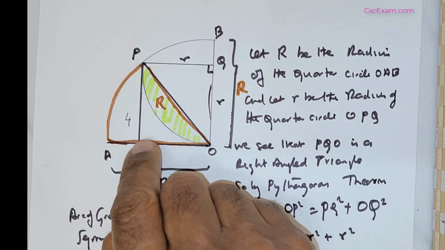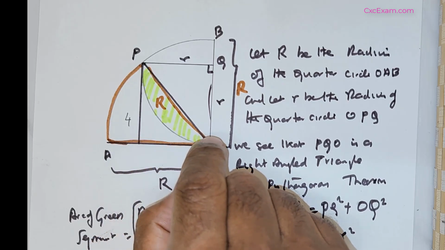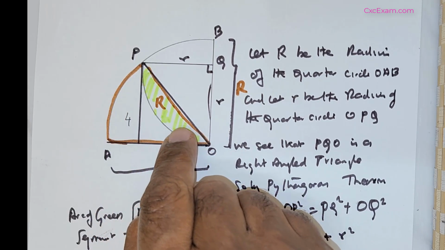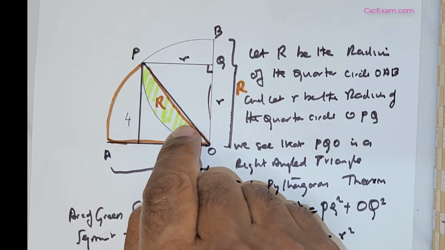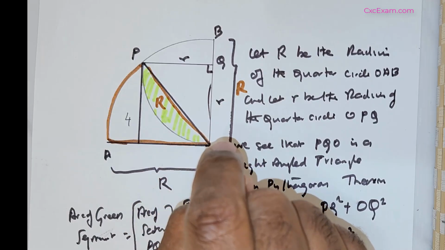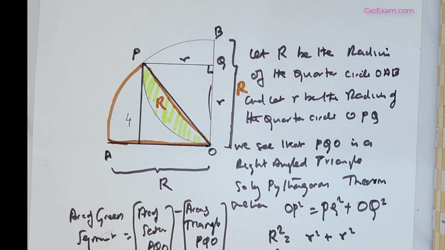So to get this area, from the sector I have to take away the green area. Okay, so let us actually get that.